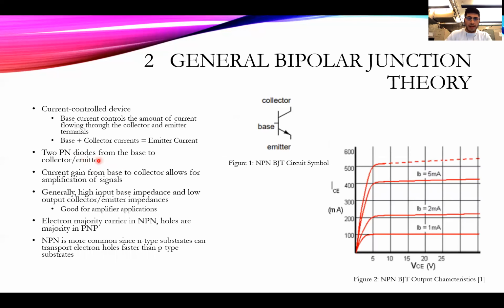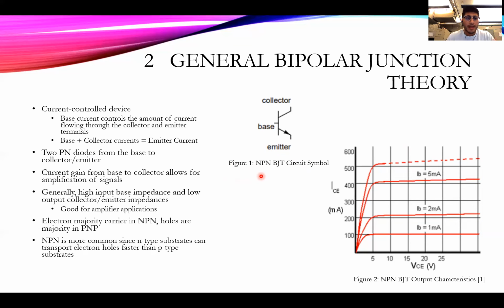Now a little bit of background on the BJT before I get into the HBT. Like I mentioned, it is a current-controlled device. What that means is that inputting base current actually controls the amount of collector-emitter current that is flowing. As you can see in figure 1, this is an NPN BJT.